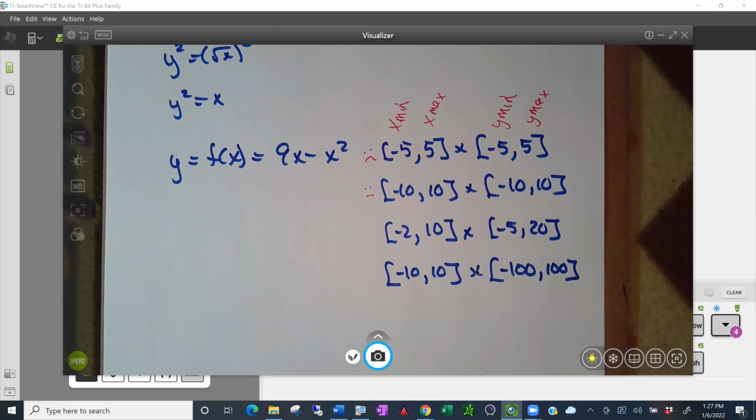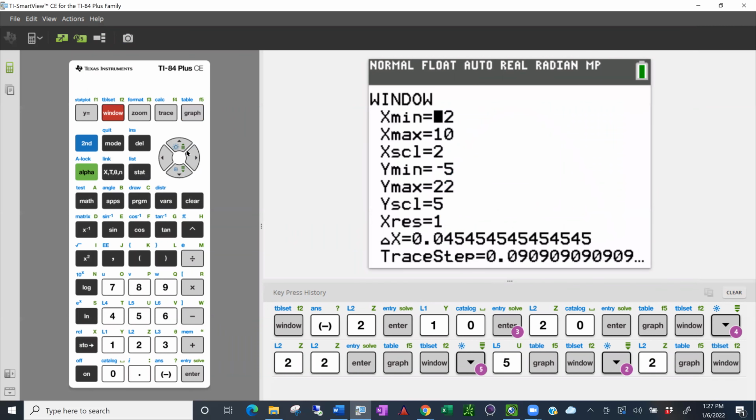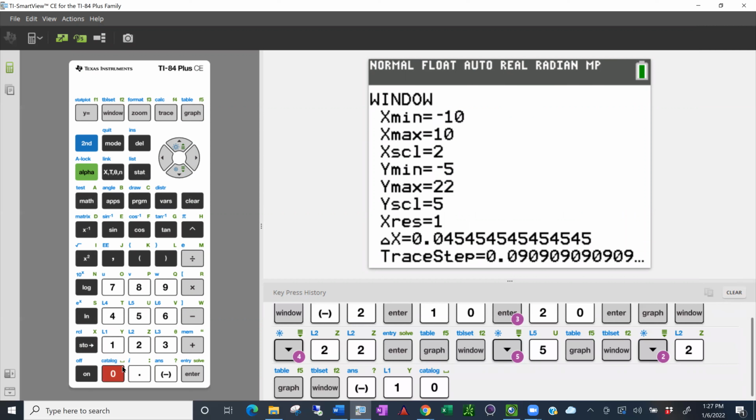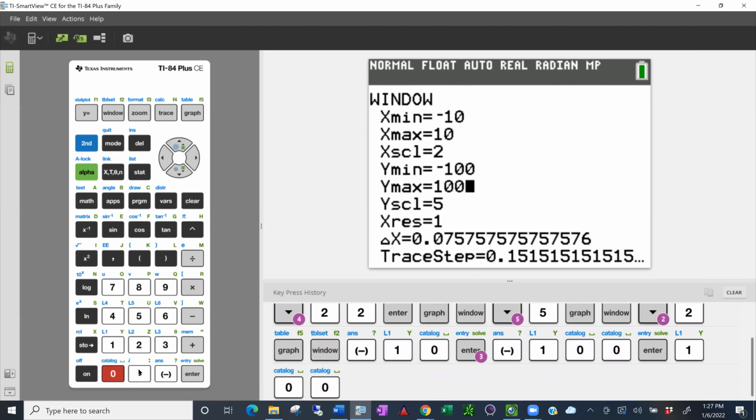Now there is one more window that we can look at, -10 by 10 and -100 by 100. So let's look at that one. So -10 on the x-axis, 10 on the y-axis, and -100 here, and 100 for y max.